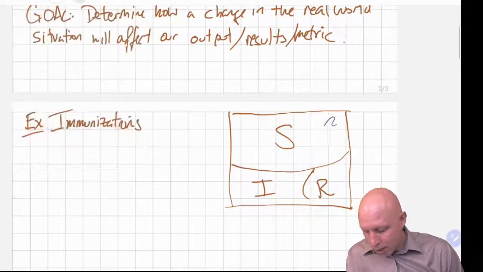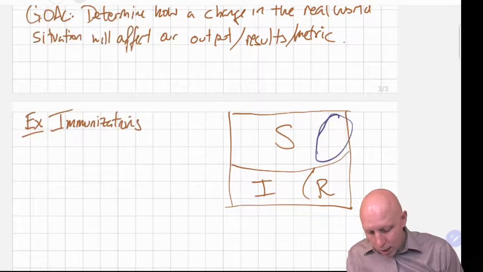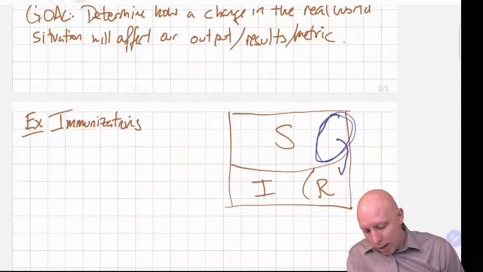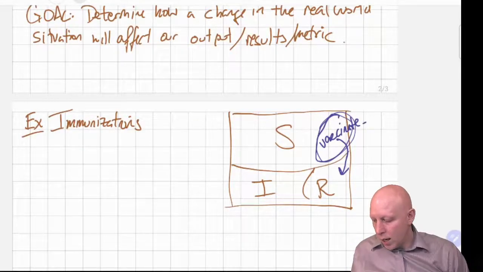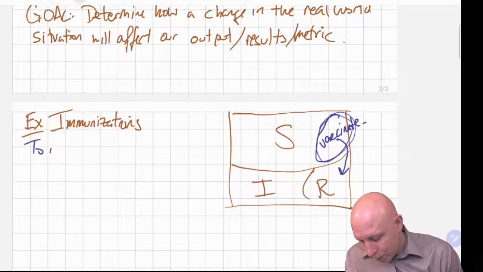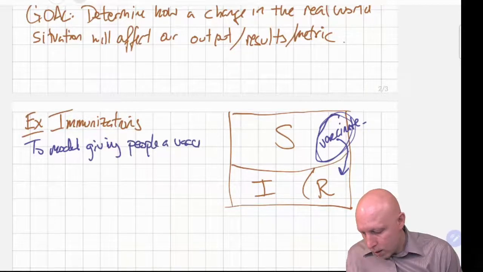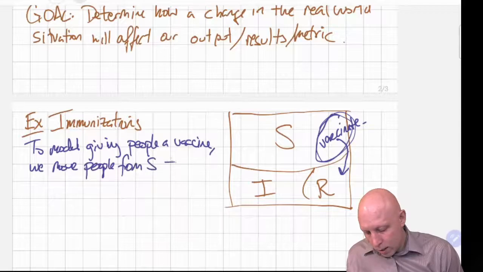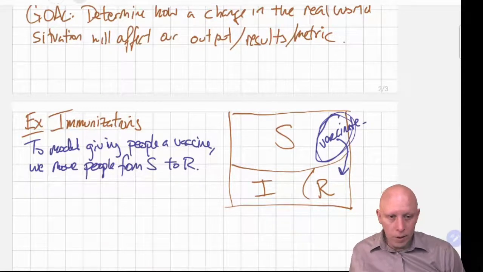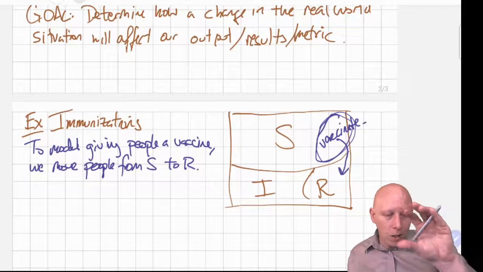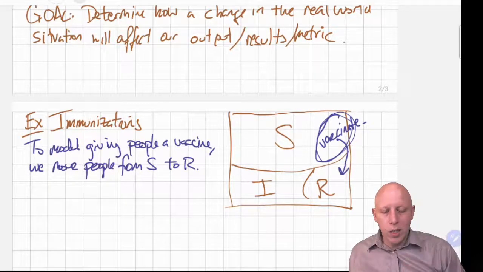So let's say there's some number of people in S that we give a vaccine to. And to model giving people a vaccine, we move people from S to R. So we take a certain block of people who were in S and we move them into R.